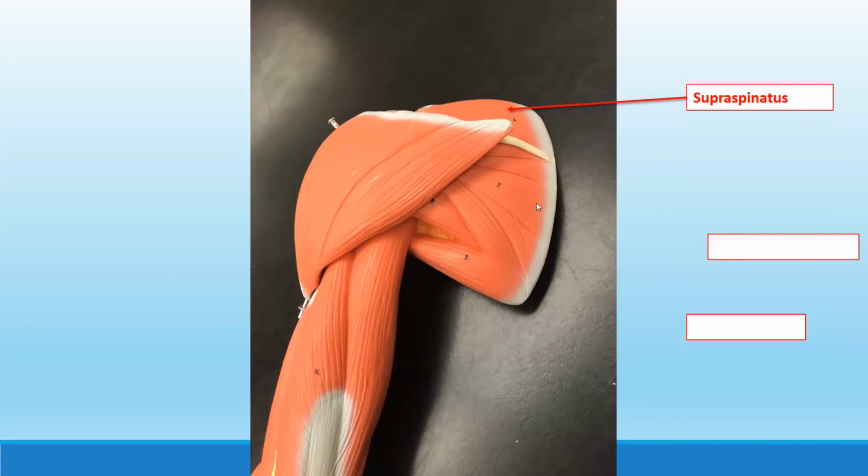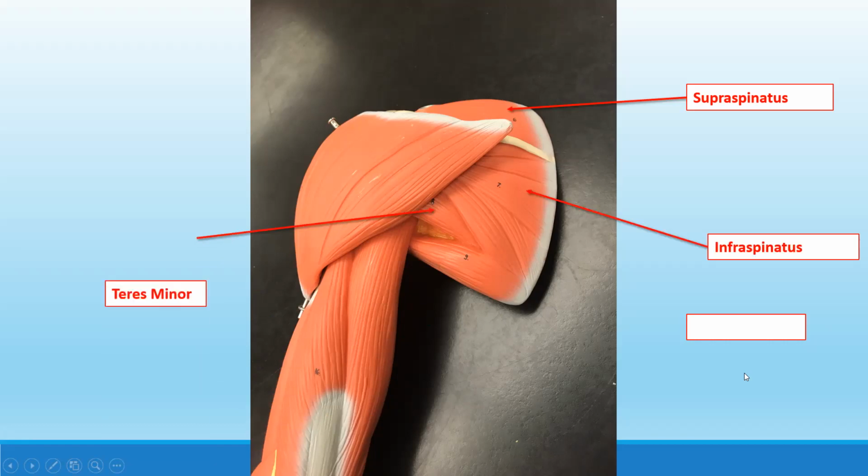Directly below that, we have the infraspinatus in the infraspinous fossa, the flat area below the spine. And we have the third of the four rotator cuff muscles, the teres minor, directly underneath the infraspinatus, and also in the infraspinous fossa.